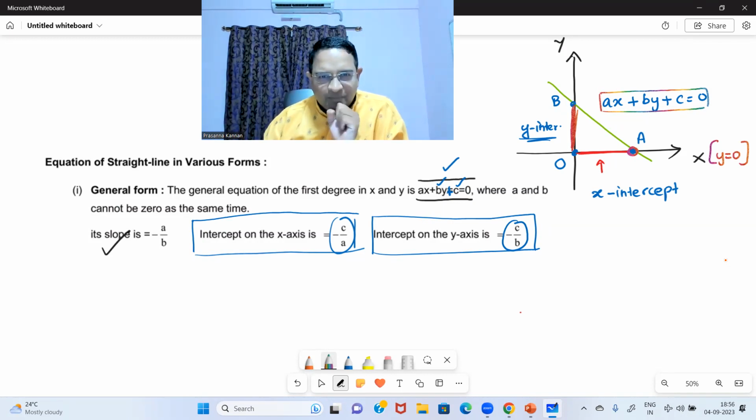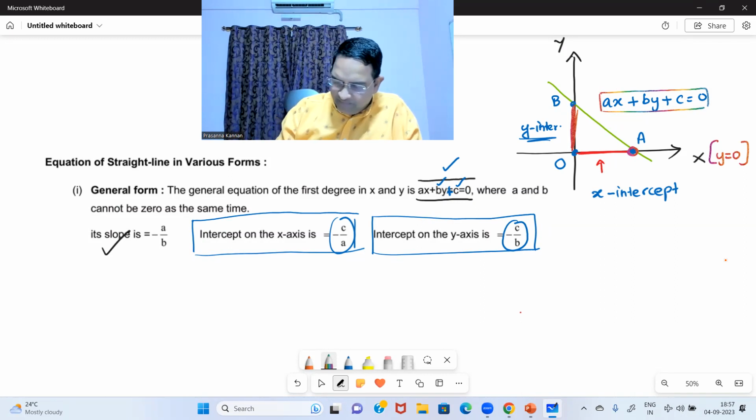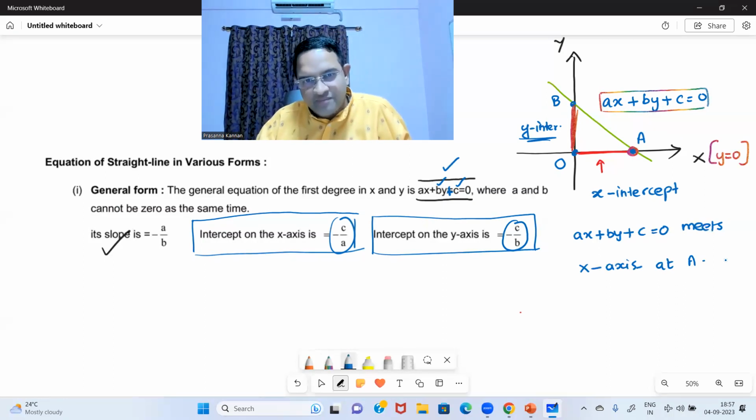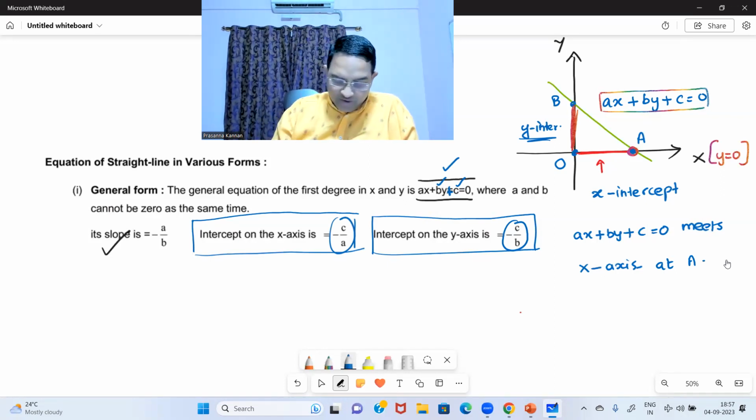So how to find the point A? Very simple, because the line ax plus by plus c equal to 0 meets the x-axis at the point A. Because A is on the x-axis, what are you sure about?